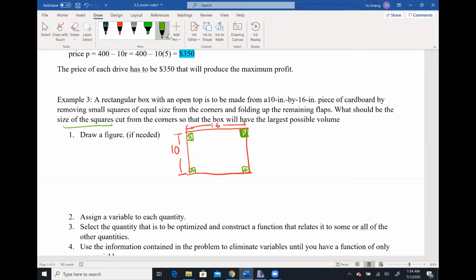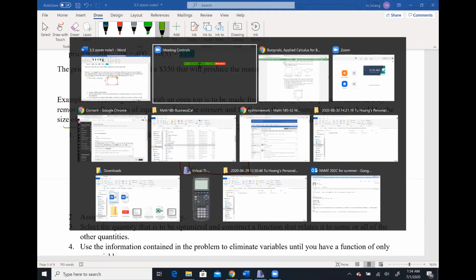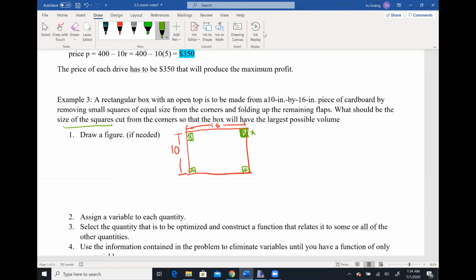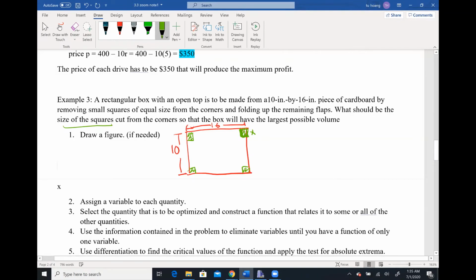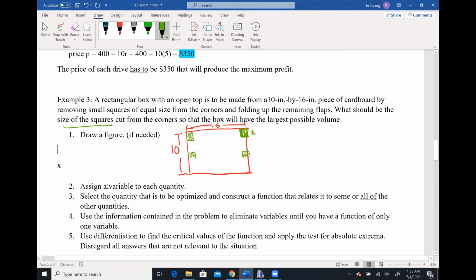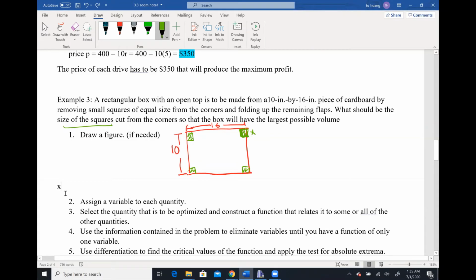Let's say x for each side of the square. I will move to step 2 here.